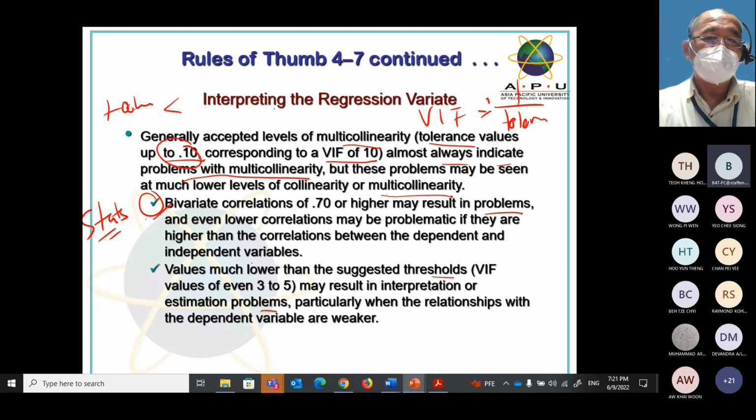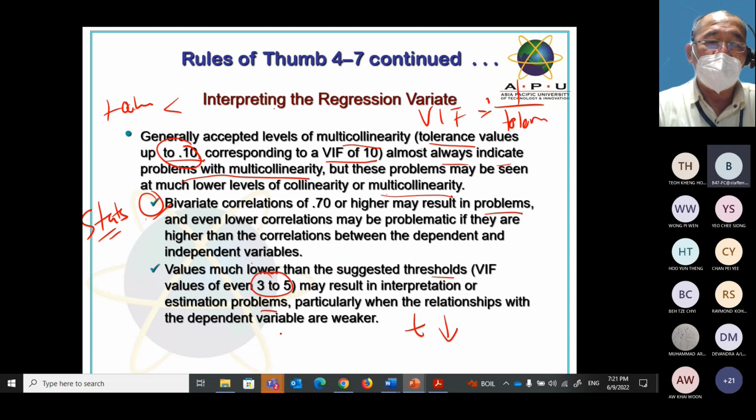If these two things happen, we must be very careful. The first thing is that the VIF is quite low, so it should be good. But still, maybe this is a problem of multi-collinearity, when the relationship with the dependent variable is quite weak, meaning that the T is quite small.